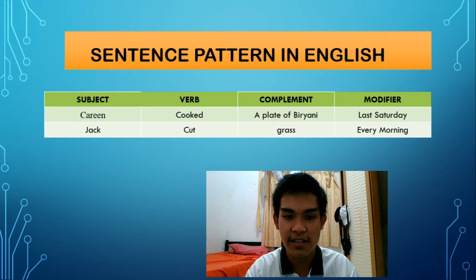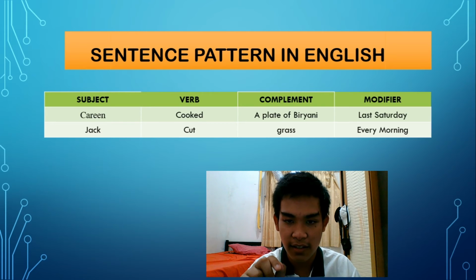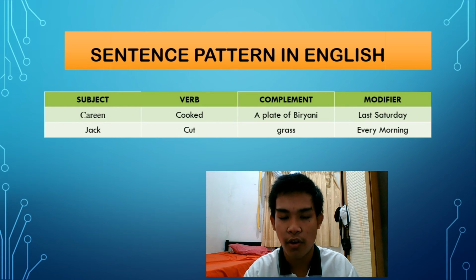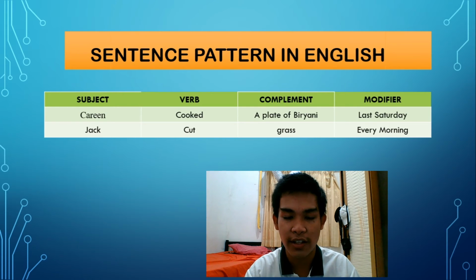And the second is the subject Jack, the verb cut, complement grass, and modifier every morning. Cut, for the verb 2 of cut is still cut because it's irregular. So if we combine it, it will be Jack cut grass every morning. For the typo, cut is verb 1, not verb 2.